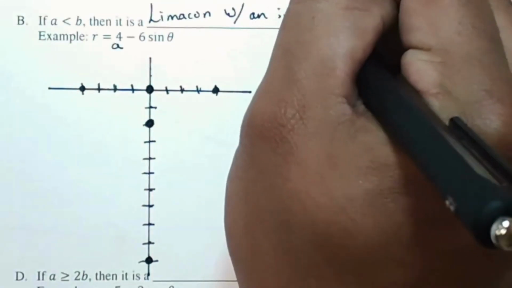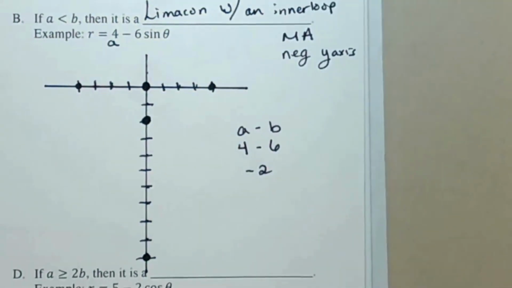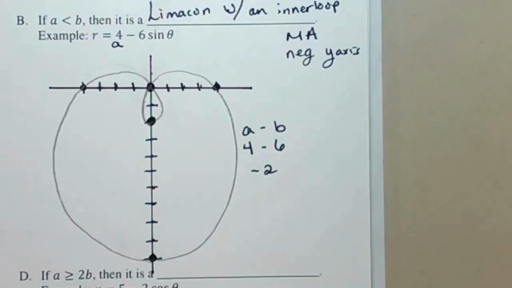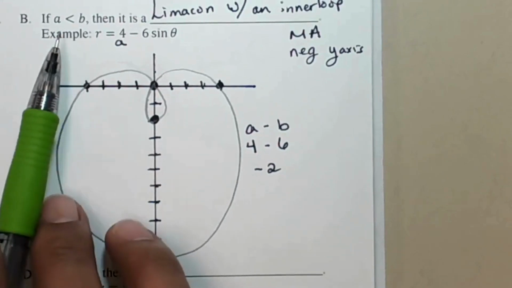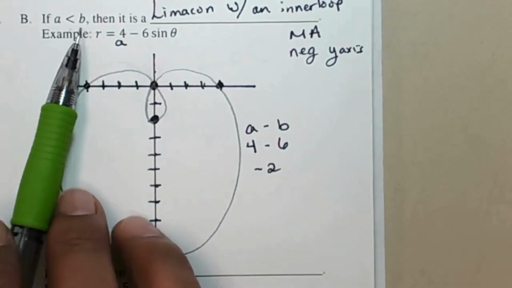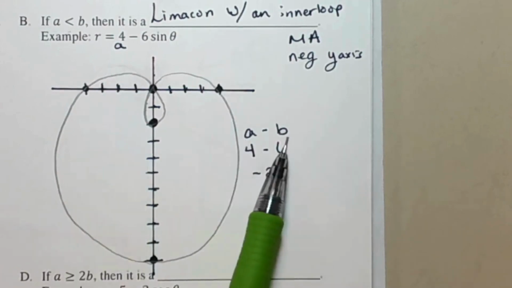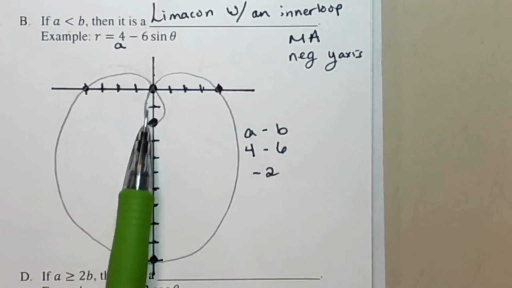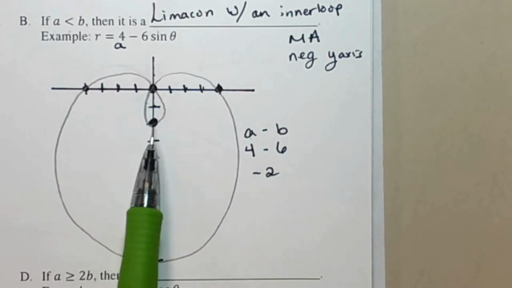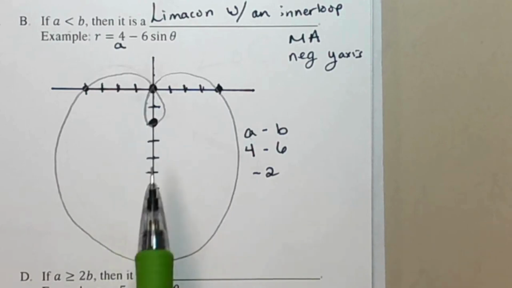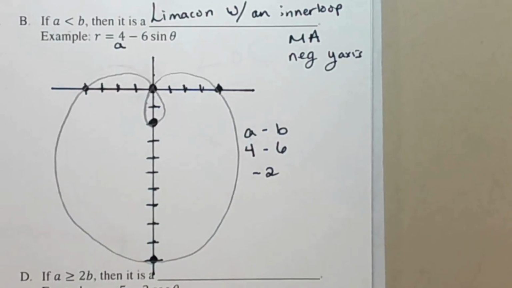And I'll graph it here to see what it looks like. So again, this is something that you need to be practicing: if a is less than b, you need to realize that it's a limacon with an inner loop, because if I do that subtraction of a minus b, it goes inside that major axis and we end up having an inner loop. So this is what that limacon looks like.